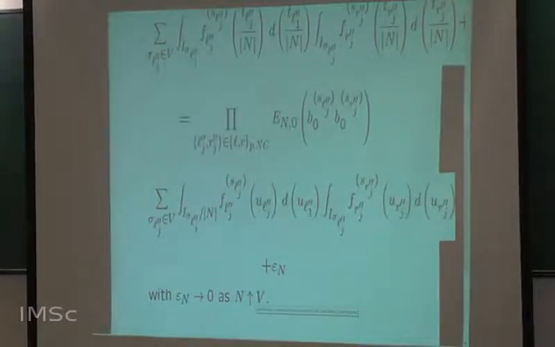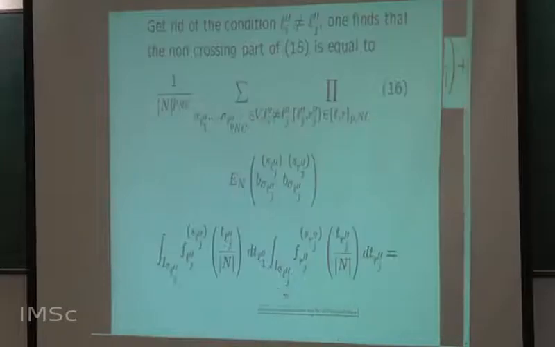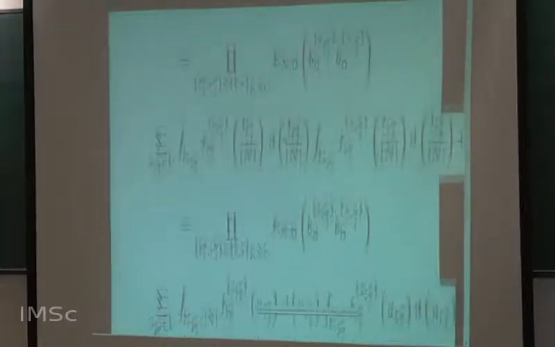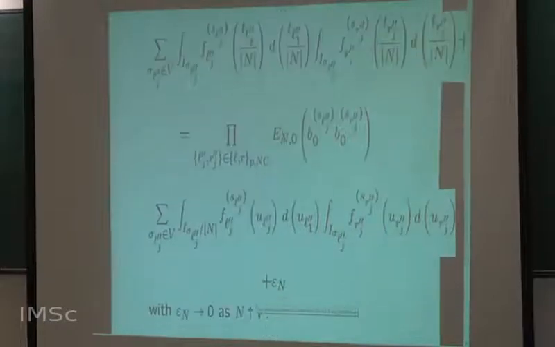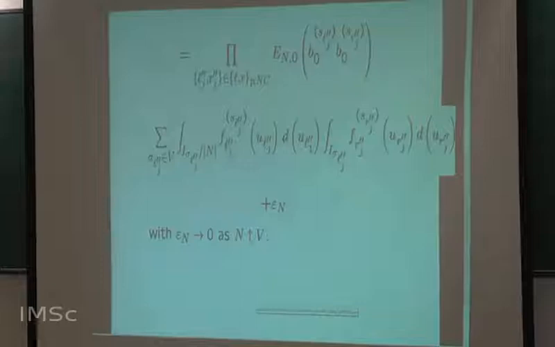The epsilon n here is due to what I said before, the transition from the indices with this restriction to the indices without this restriction. So I obtain now this.